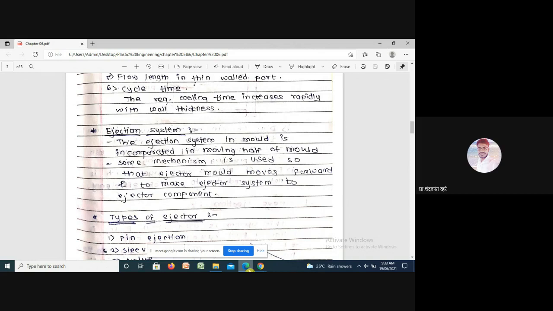We are pressing two molds against each other, and due to that, our component or part gets jammed in between, sometimes in the upper mold and sometimes in the lower mold. So by using the ejection system, we are removing that part.